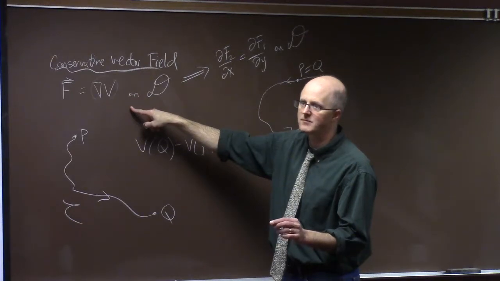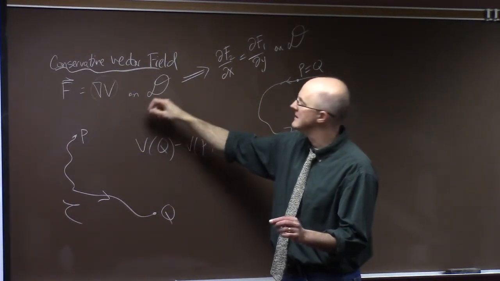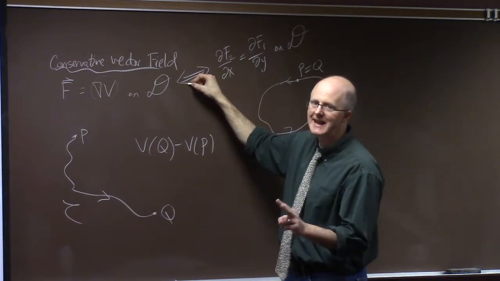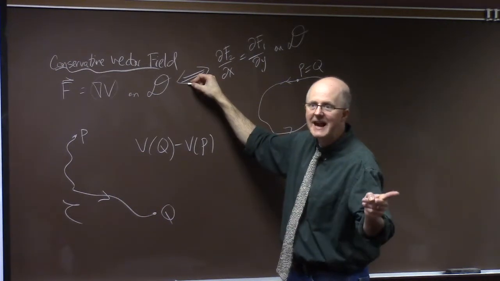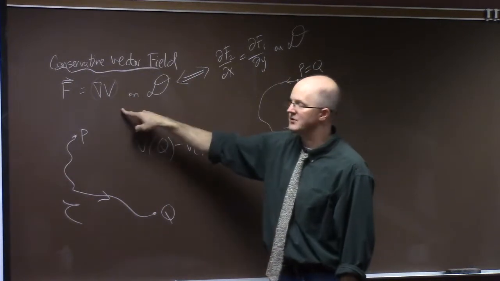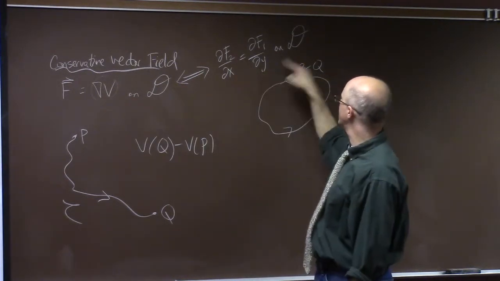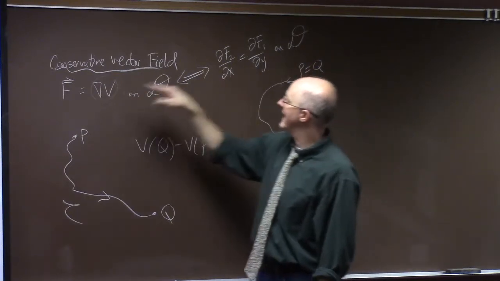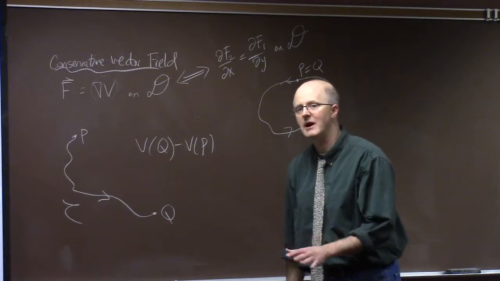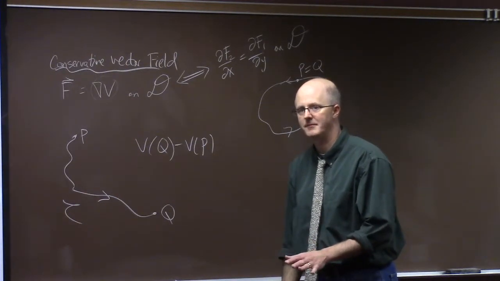I mentioned the word 2 minutes ago. It's 2 words, actually. Simply connected. The converse: if these are equal on an entire domain, then f has a potential function on that entire domain. That's true as long as you assume the domain is simply connected.